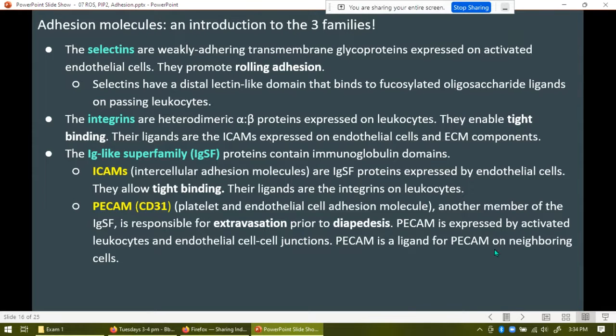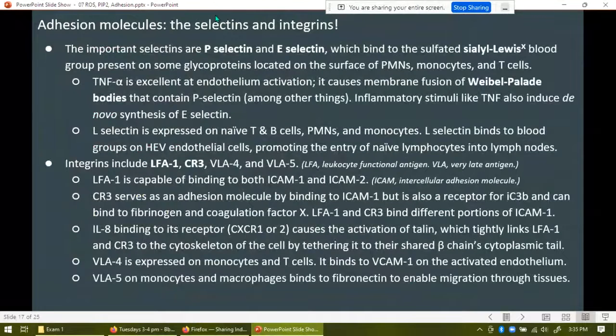It's expressed by activated leukocytes and endothelial cell-to-cell junctions. And it's a ligand for itself. So PCAM on neutrophils is going to bind to PCAM on vascular endothelial cells, and that's an interaction with the same molecule just on 2 different cells, and that's going to allow it to pull the neutrophil through the endothelium and into the tissue. And then we've got some nice figures for this.